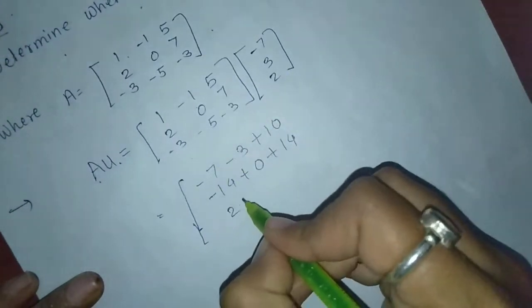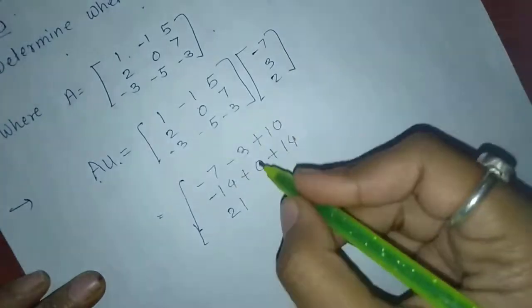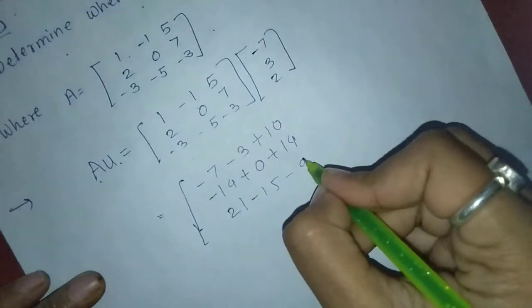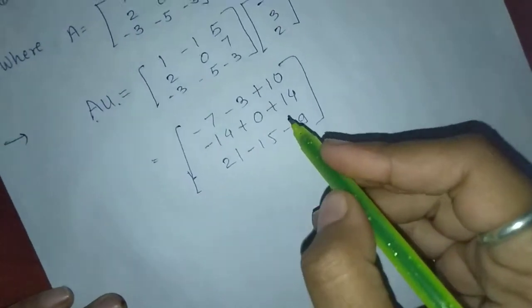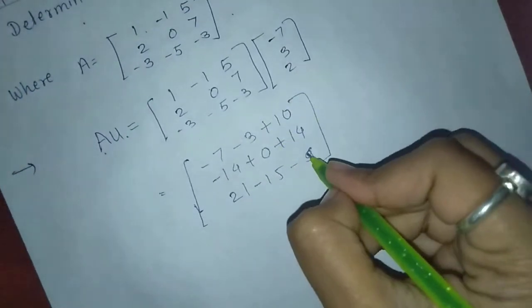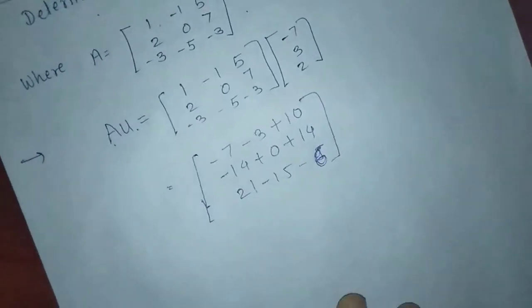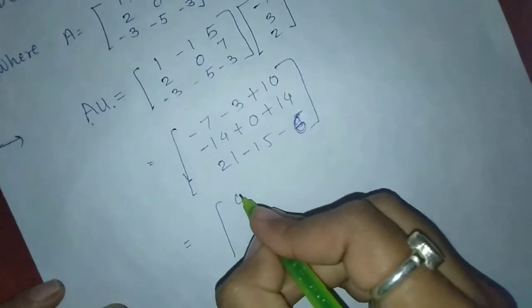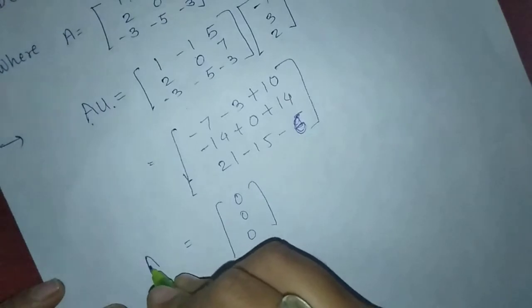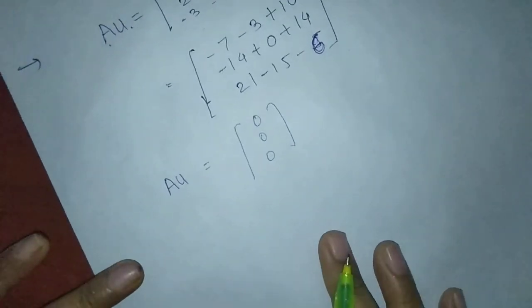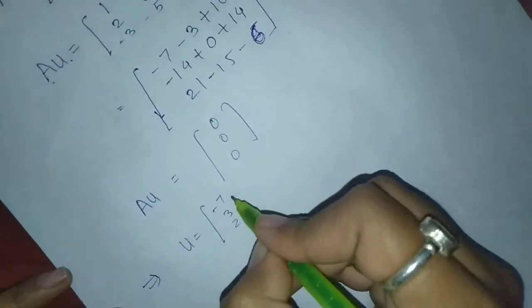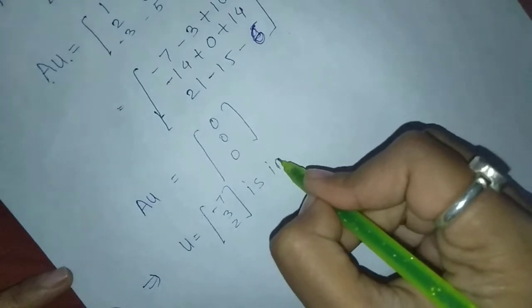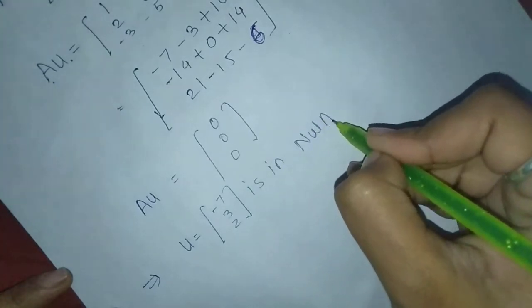Next, 21 - 15 - 6, sorry, -6, not -9, equal to 0, 0, 0. Here we get A into u equal to 0, which implies u equals (-7, 3, 2) is in the null space of A.